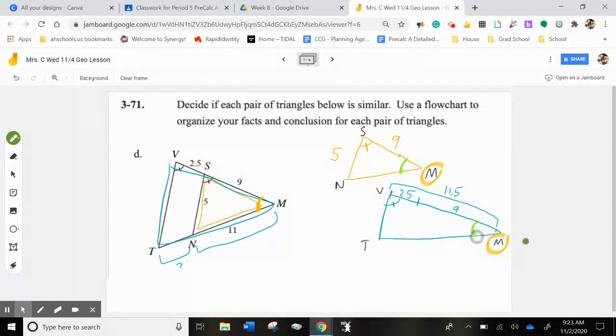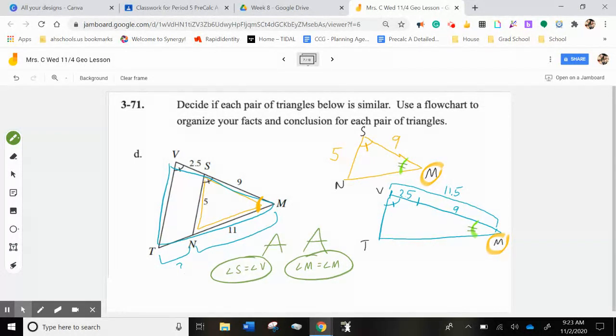So we can mark this and say that this is a second angle pair. Okay, so if I have two angle pairs, I have that angle S and V that was already marked, and now I have this M and M, like the candies. Okay, they're the same angle. I drew it the same in both triangles.